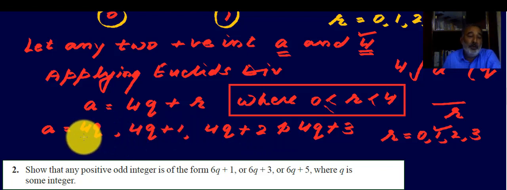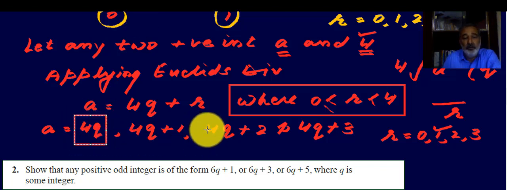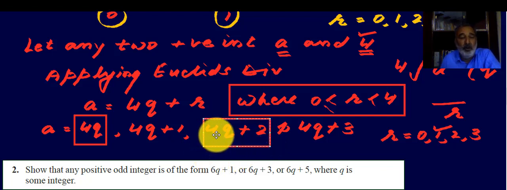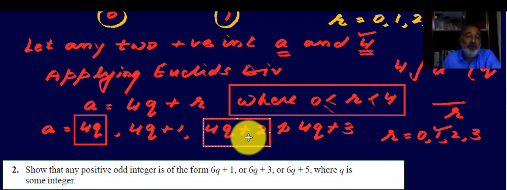What is your observation now? Take these two numbers first. Do you see any similarity between these two numbers? Yes, these are exactly divisible by 2. And if these are exactly divisible by 2, then these two numbers are even.